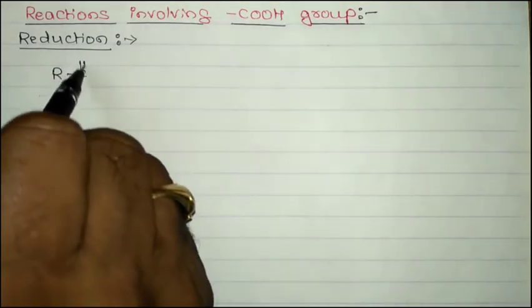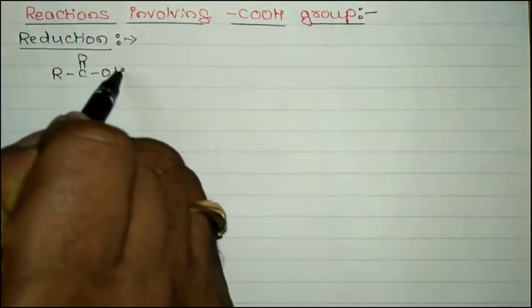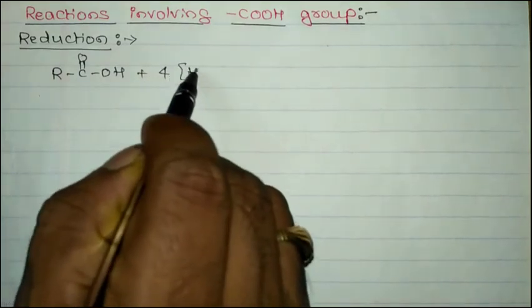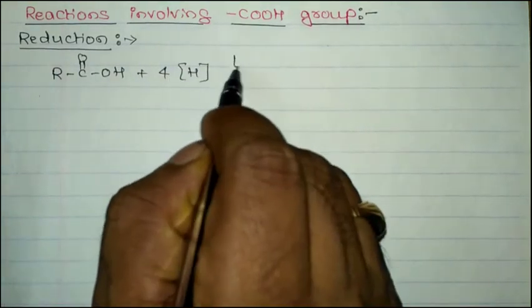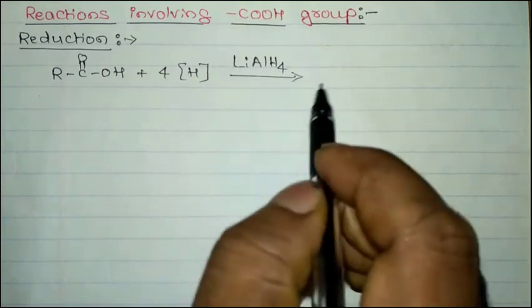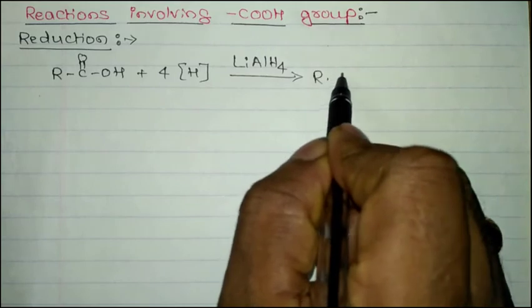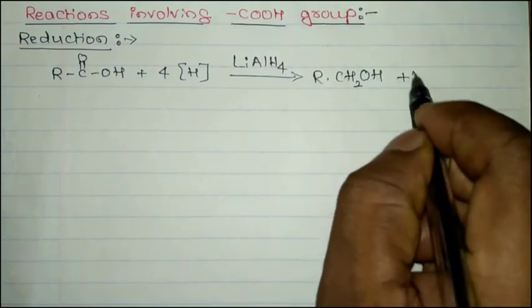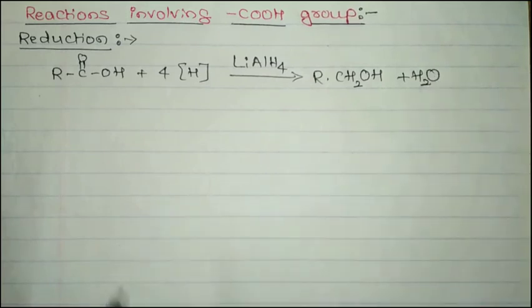RCOOH represents carboxylic acid in general. As the general formula, it is reduced using lithium aluminum hydride, a reducing agent, to give primary alcohol plus a molecule of water. This reaction is known as reduction.